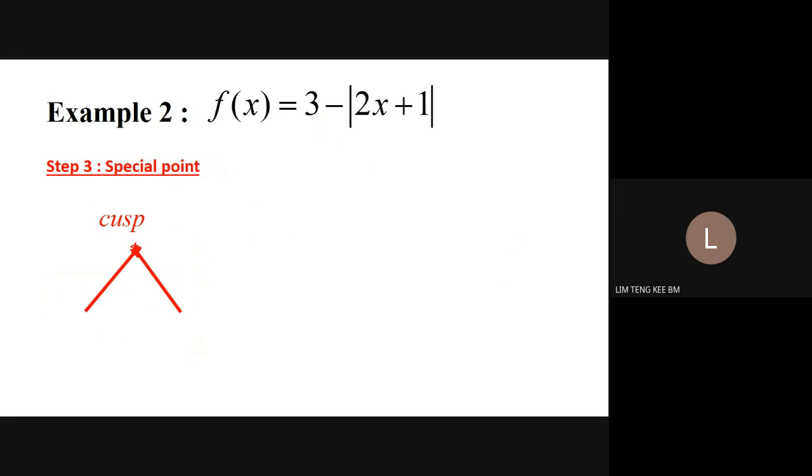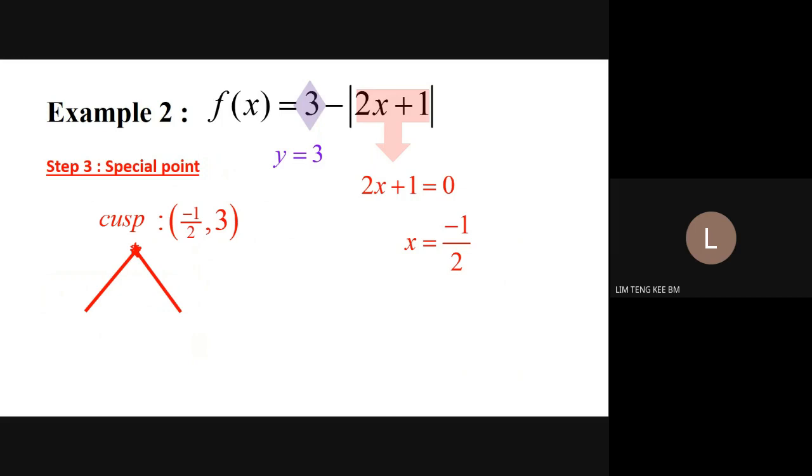From here, I find out that for the x coordinate, it is based on the 2x plus 1 inside the modulus. I make it equal 0 and I get x equals -1/2. Then the y coordinate will just refer to the 3 here, y equals 3. So as a result, the curve point I have here is (-1/2, 3).